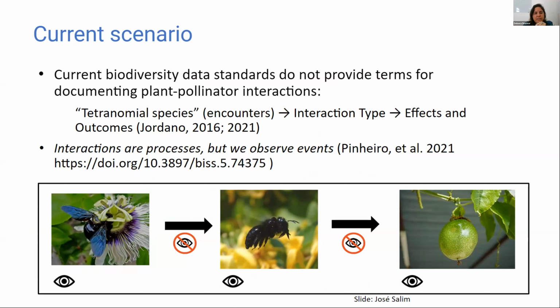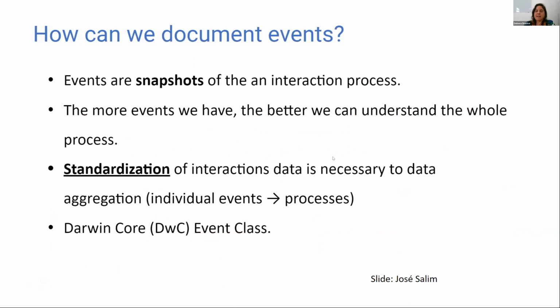So we can observe, for instance, the flower visitation, and we can observe the outcome. And we need as many snapshots as possible to really understand the processes. So that's why we need to go and advance on this data standardization.